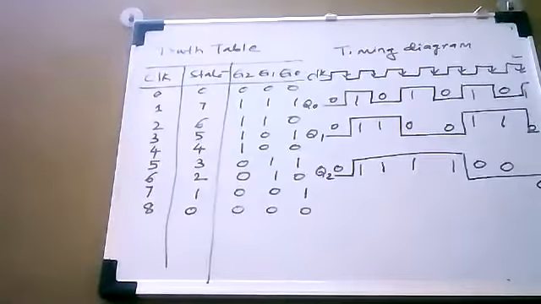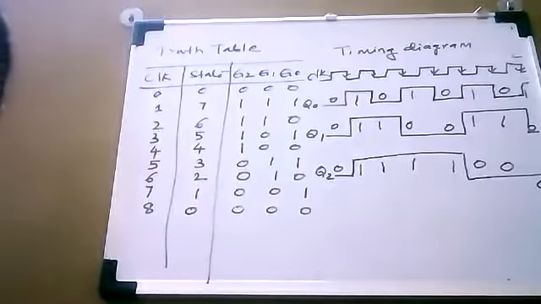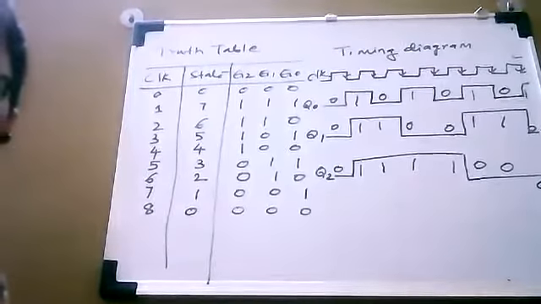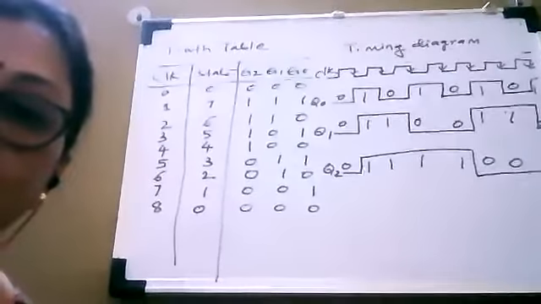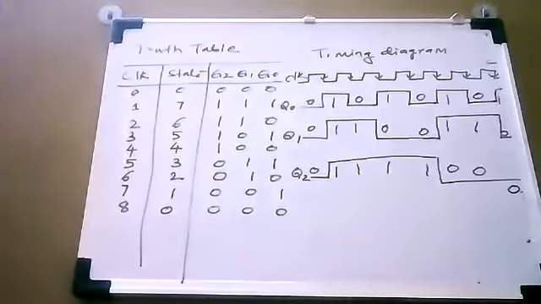Thereafter there will be 0 0 0. You can extend this. Okay. So this is what is a timing diagram of your counter. Okay. So take a screenshot of it, or you can draw it along with me.